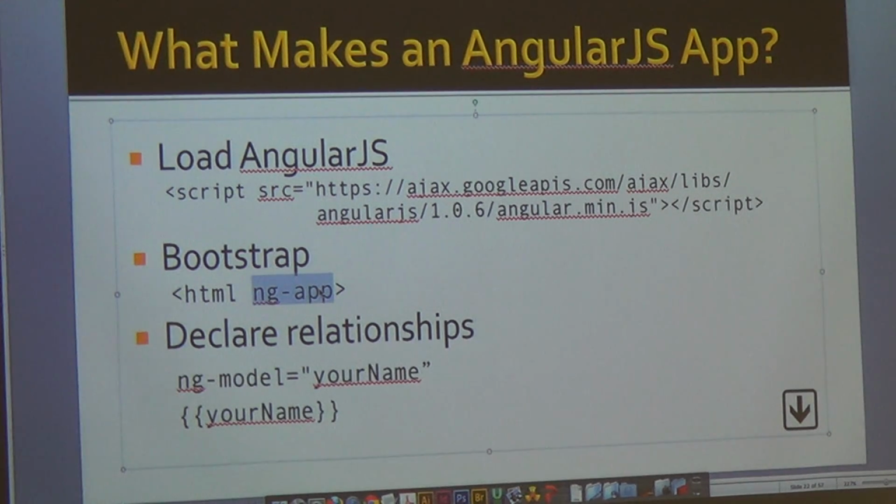You can also restrict it if you want to just divs or smaller parts of your code. So there are ways, and I'll show you some ideas on how you can bring in Angular to some of your partial documents and so forth. But after that, you're now starting to use the Angular markup.